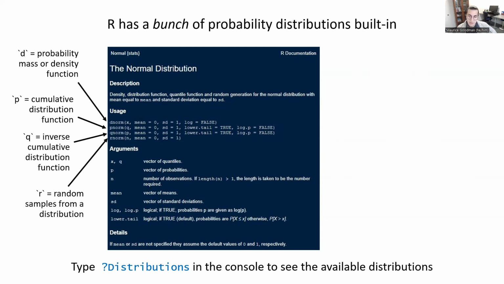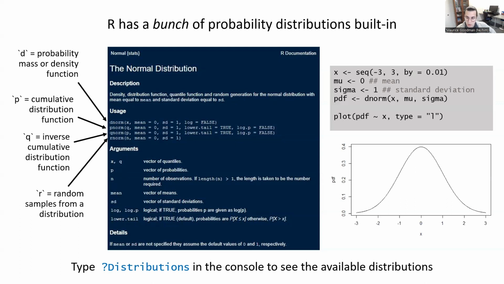The D functions give the probability mass or density function. The P functions give the cumulative distribution function. The Q or quantile functions take the inverse cumulative distribution function. We'll talk about what this is in a follow-up lecture when we talk about confidence intervals. And then finally, the R functions allow us to generate random variables from that distribution.